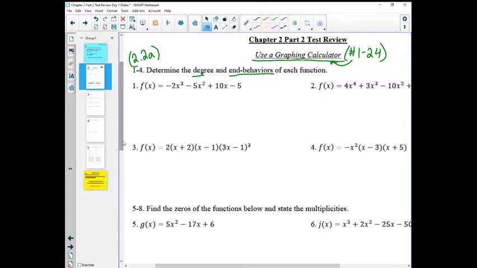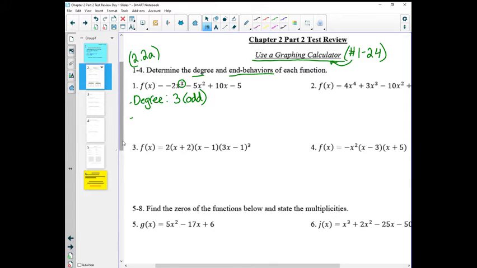Question 1, they give you the function. To tell the degree, we're just going to look at the highest exponent that we see. The highest exponent is 3, so this is a degree 3 polynomial. And it is odd, because 3 is an odd number.